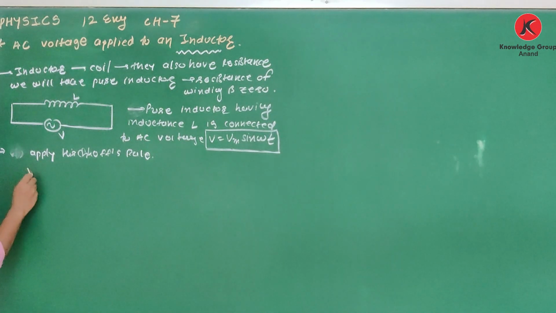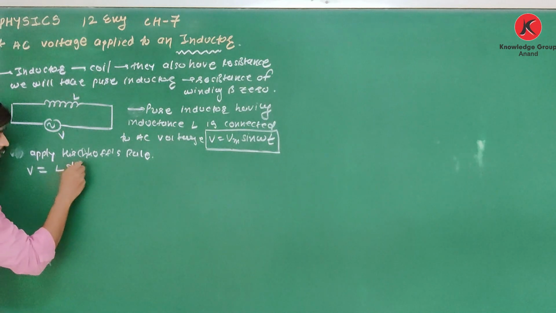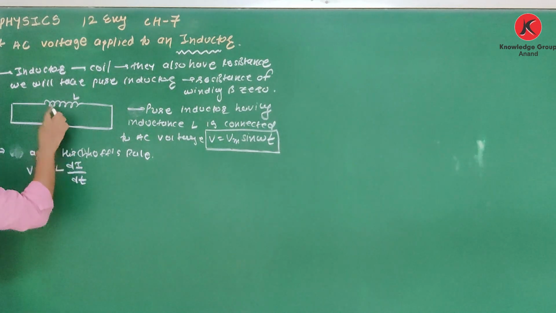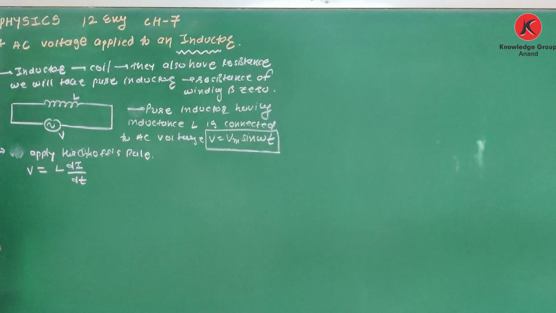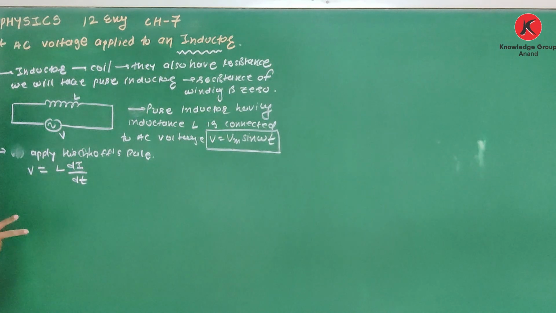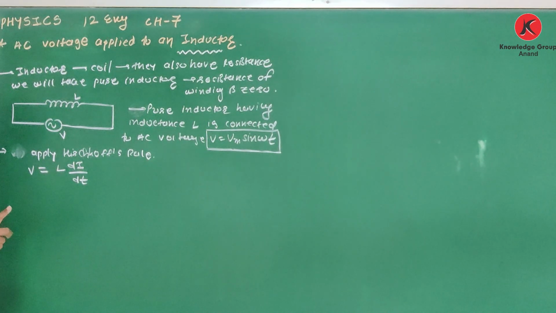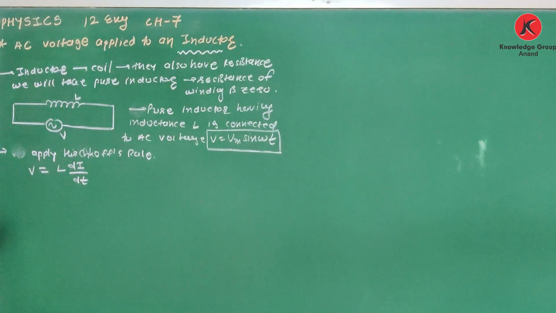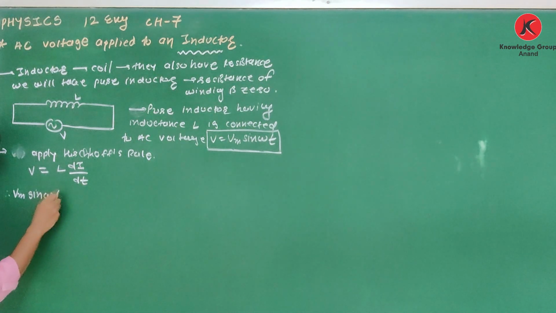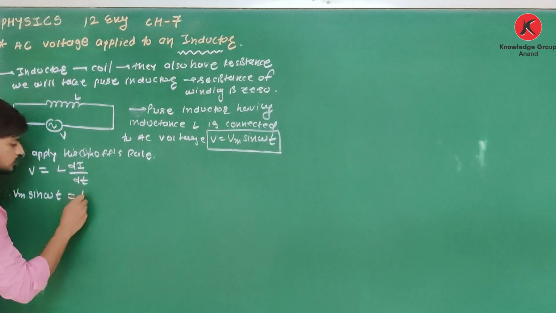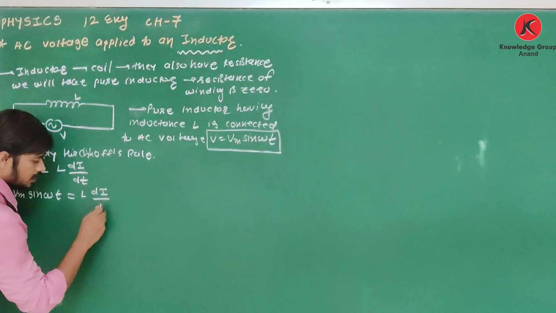In this case we have to apply V is equal to L dI upon dt, because between the two ends of the inductor, what is the potential difference? The EMF induced, L dI upon dt. Remember, Chapter 7. So how to remember? For a resistor, V is equal to IR. For an inductor, V is equal to L dI upon dt. Now V is equal to Vm sin omega t, so therefore Vm sin omega t is equal to L dI upon dt.